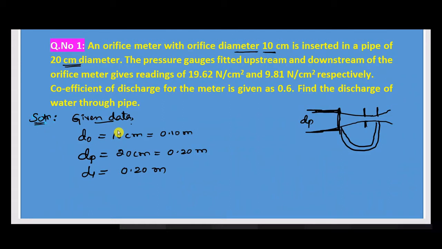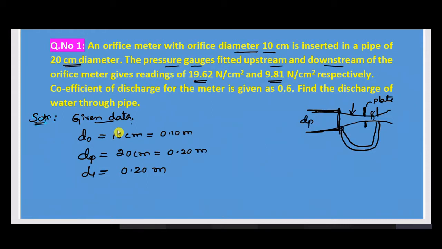Okay. Next point, the pressure gauges fitted upstream and downstream. So here the left side section of the orifice meter from the plate, this is plate or orifice hole, all are same. This end you will call the upstream end, and after the orifice plate or orifice hole, this end we will call the downstream end. Upstream and downstream pressures he has given as 19.62 and 9.81.